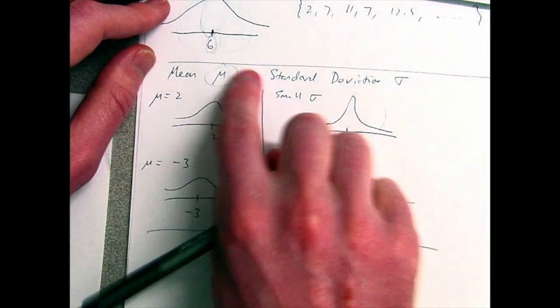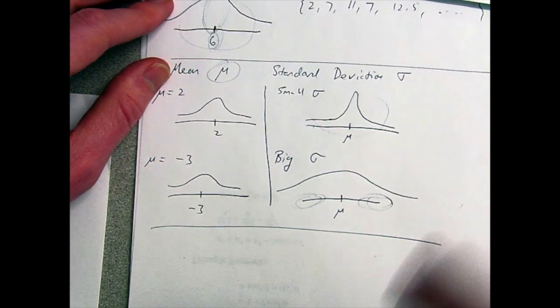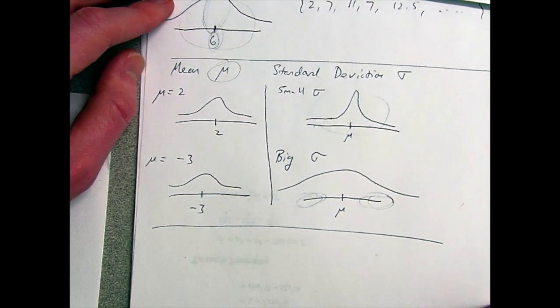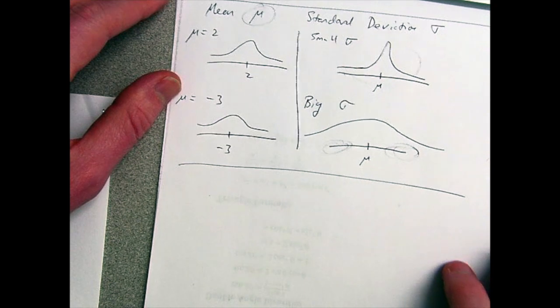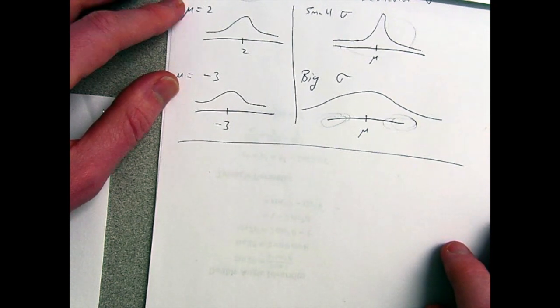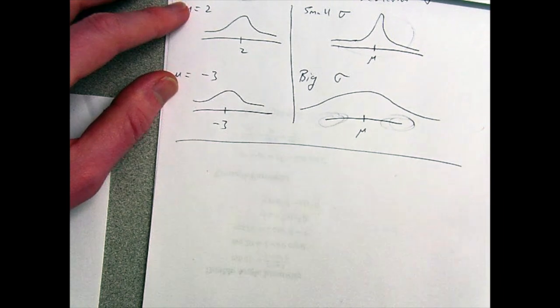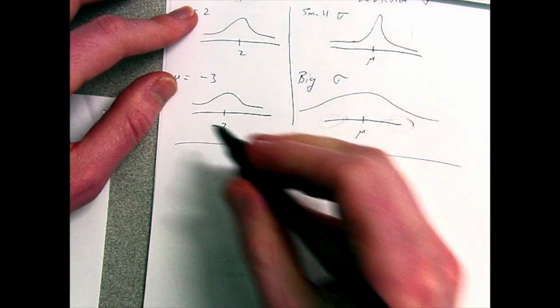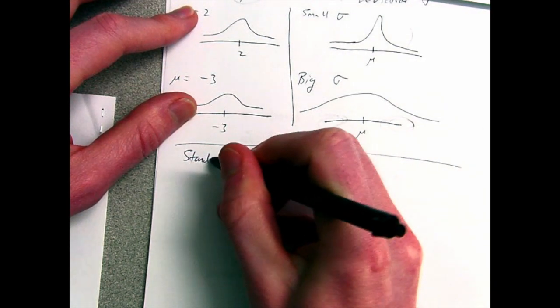Pick a value for mu, pick a value for sigma, and that gives you a unique normal distribution. Now, there's one special normal distribution which we like to single out as a reference, the so-called standard normal distribution.